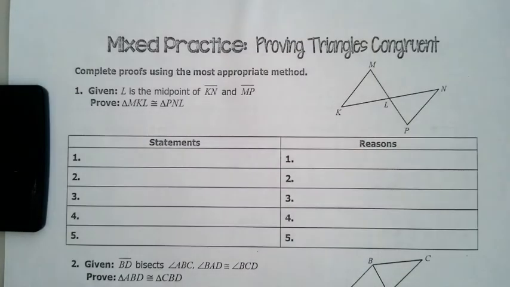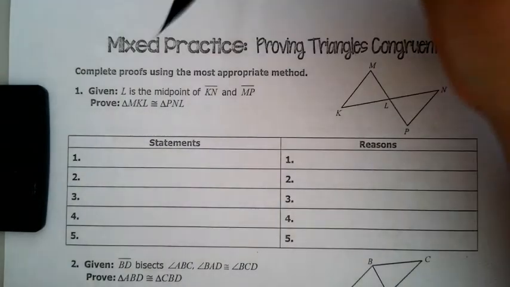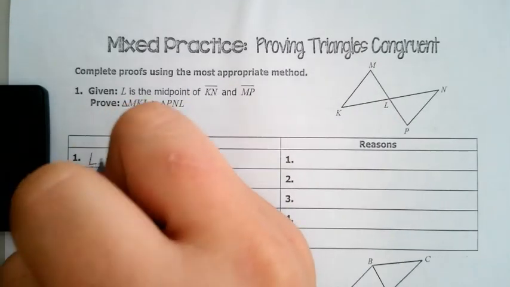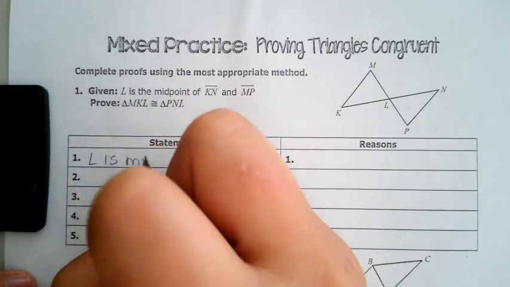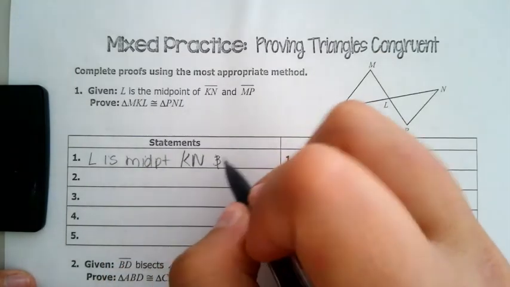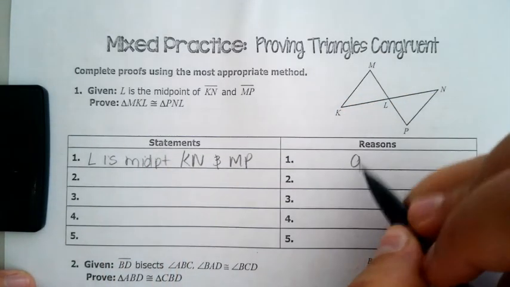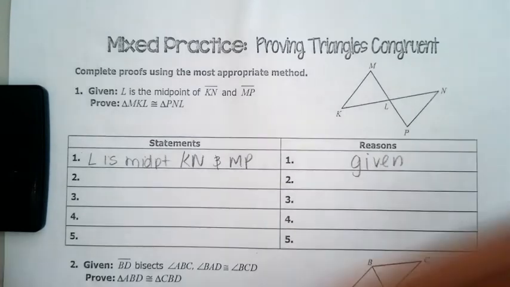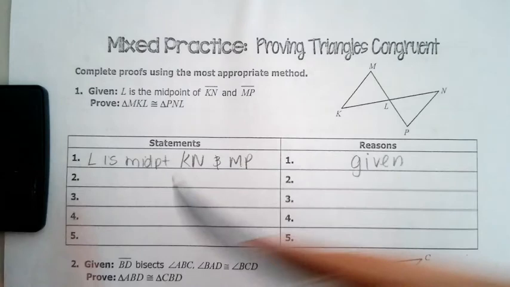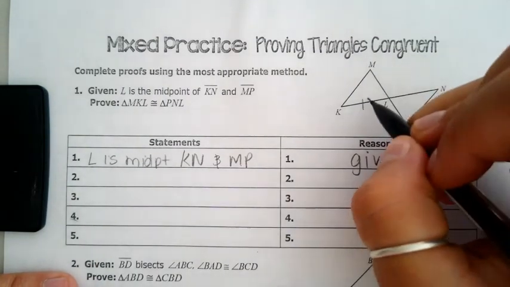So mixed practice, proving triangles congruent. What we're going to do is we're going to do all these proofs. So L is midpoint of KN and MP. That's given. So using this first part of that proof, L is the midpoint of KN.